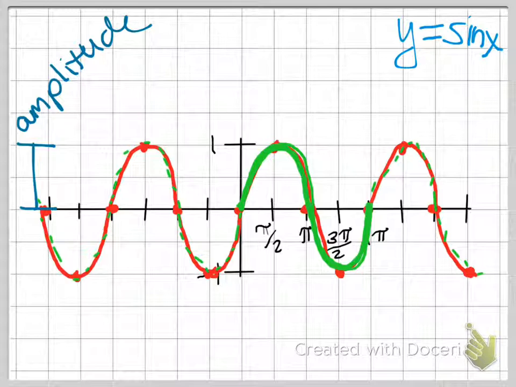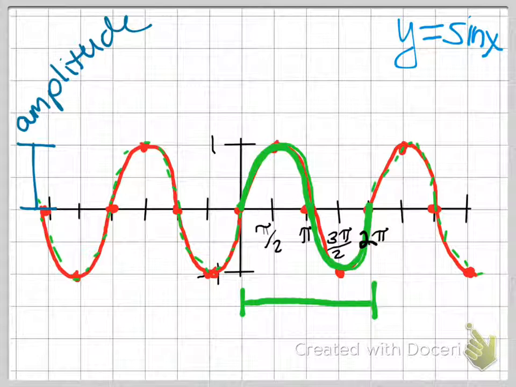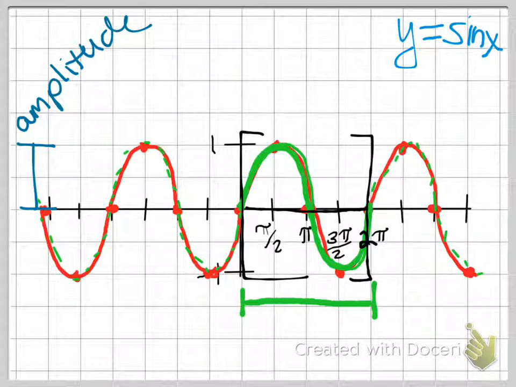So the question is, how far do we go? We go along until my graph just starts repeating itself. I see that my number has been covered up. This was a 2 right here. So the distance that my graph goes horizontally until it repeats itself is from here to here, and this distance is 2 pi.